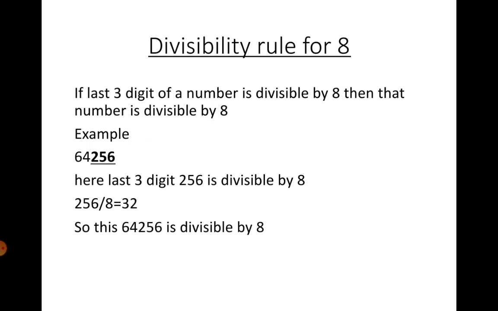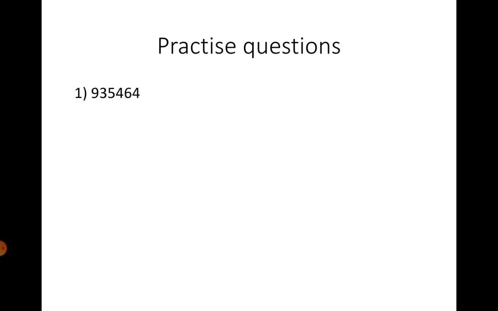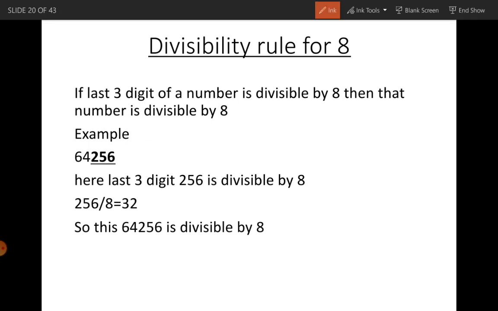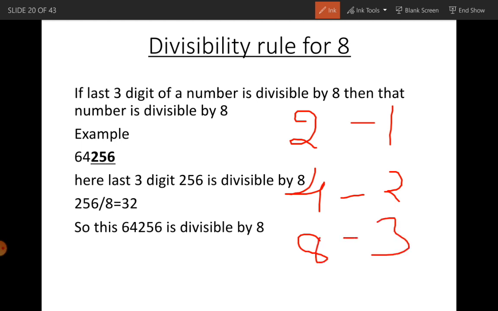And here one more thing I would like to tell you is, we saw the divisibility test for 2, where we tested 1 digit. For 4 we tested 2 digits, and here for 8 we are testing 3 digits.